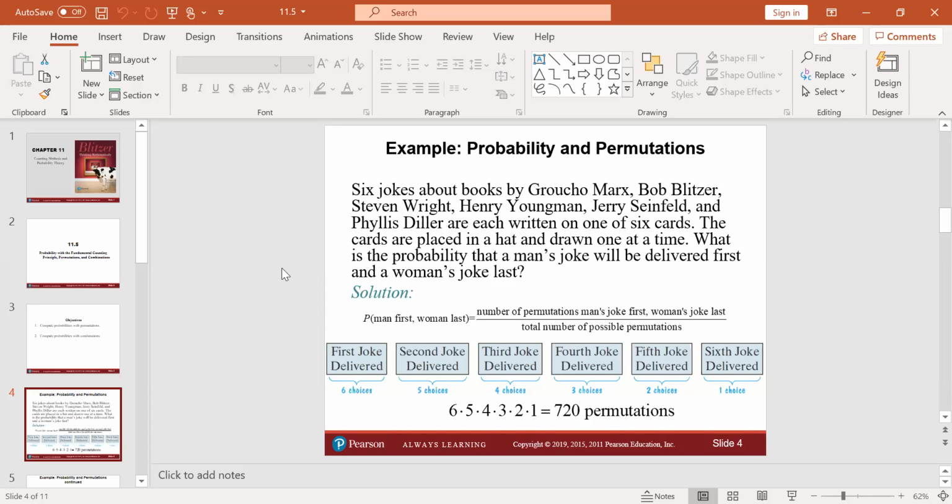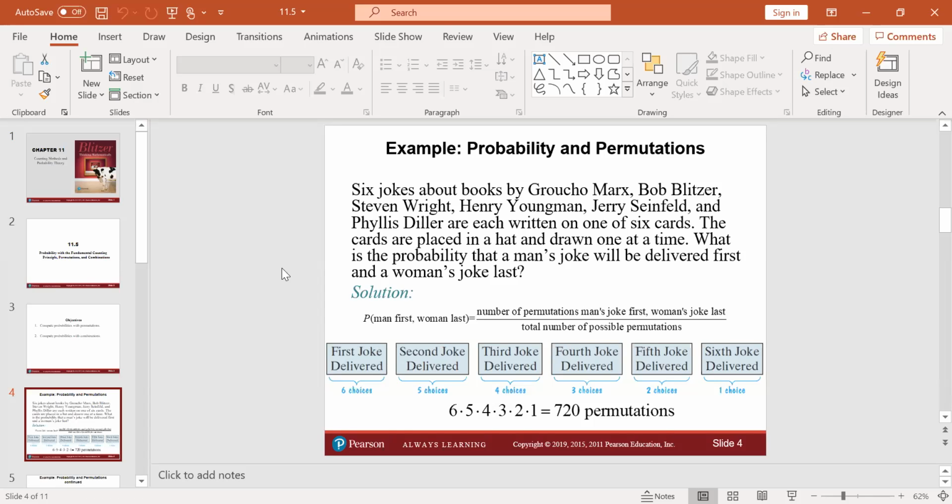The cards are placed in a hat and drawn one at a time. What is the probability that a man's joke will be delivered first and a woman's joke delivered last? Just so you know, Groucho Marx is a man, Bob Blitzer is a man, Stephen, Henry, and Jerry are all men, but then Phyllis Diller is a woman.